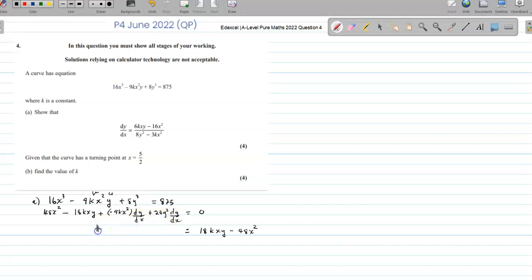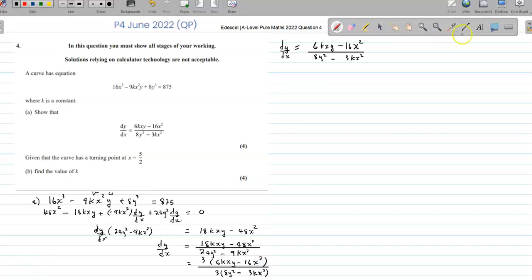And then factor out 3 here in the numerator. So let me work that out. Let's move on to part B now.